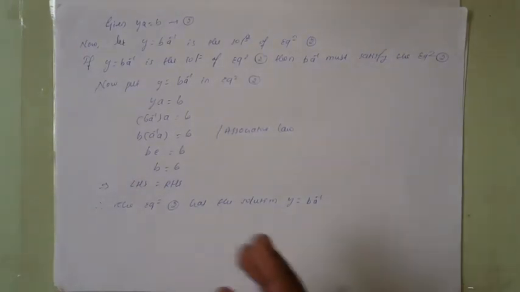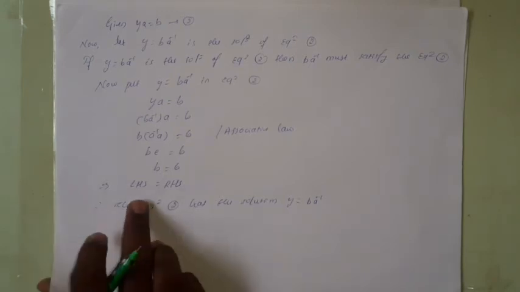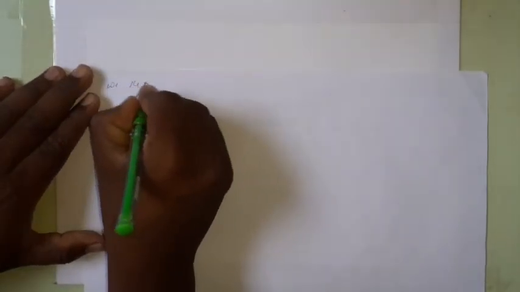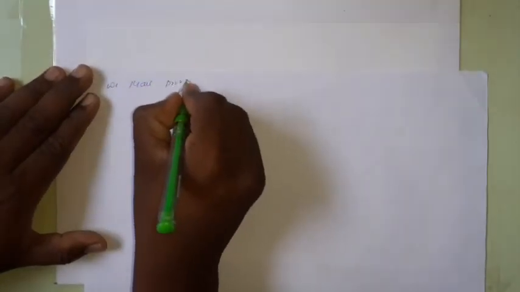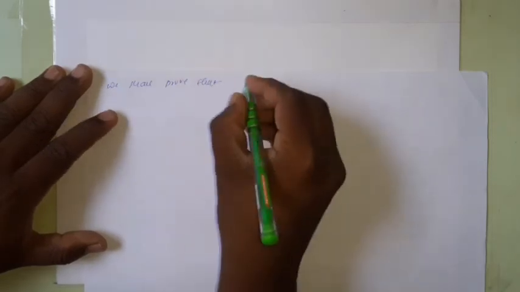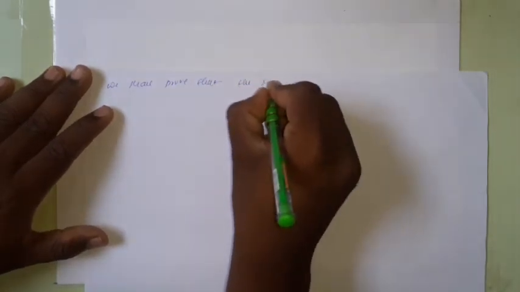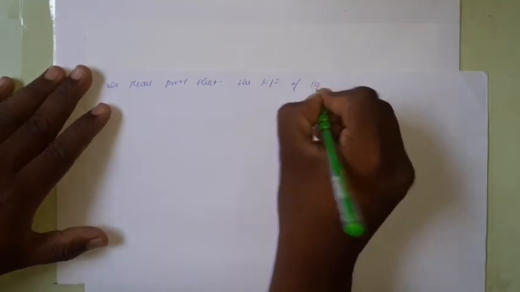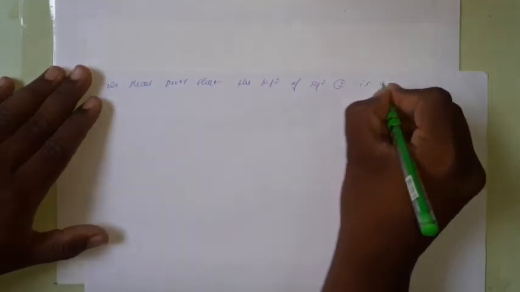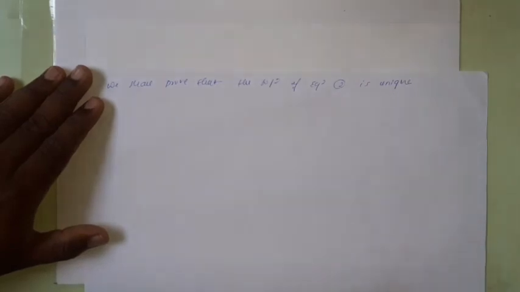we need to conclude that the solution y is equal to BA inverse is unique. For that, we need to assume another solution for y. We shall prove that the solution of equation 2 is unique. We need to prove the uniqueness of the solution.